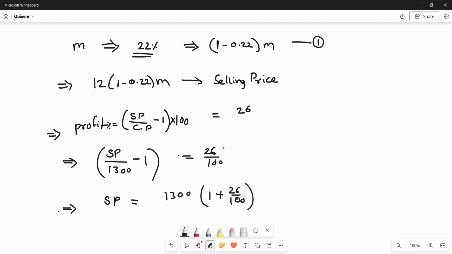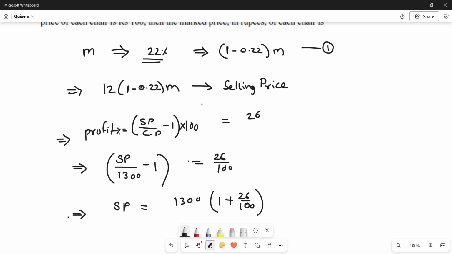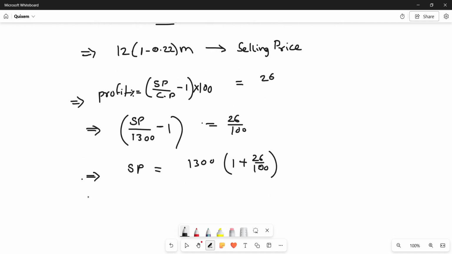But we already know the SP from the equation above. The total selling price is nothing but this. So let's substitute this. Now we will have 12 into (1 minus 22 by 100) into M equal to 1300 into (1 plus 26 divided by 100).